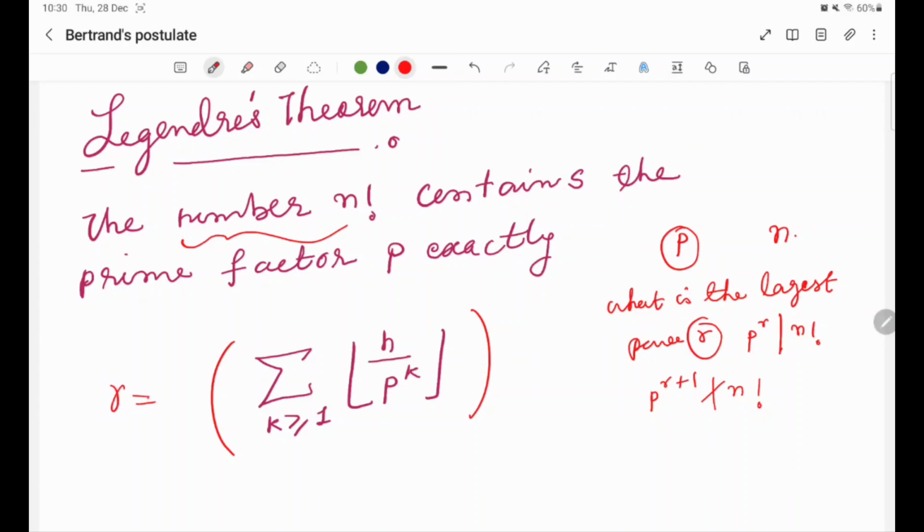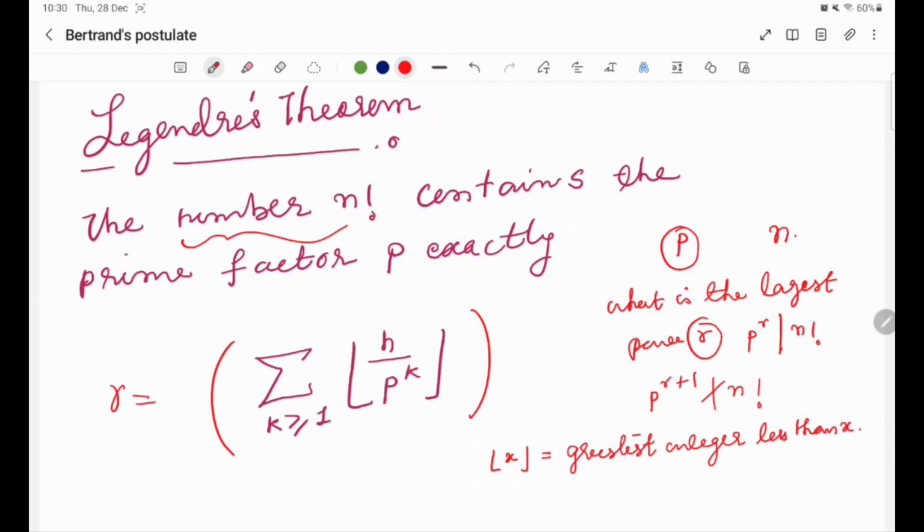Summation over k greater than or equal to 1. This is the greatest integer function. It means the greatest integer less than or equal to x, and it is defined for any real number. It's a step function.